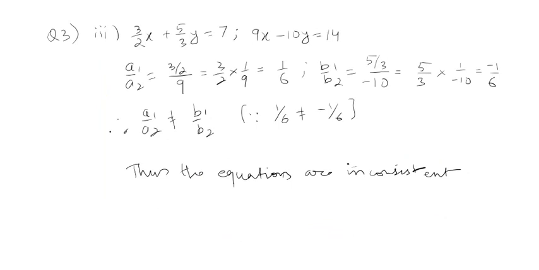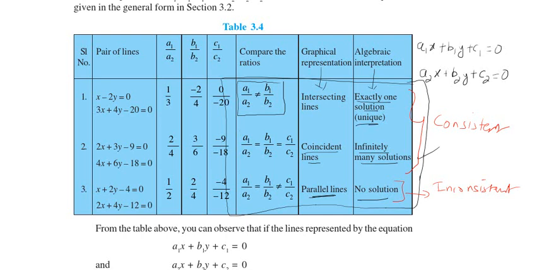It is consistent because, as I told you, you can see I have very clearly written here: if a1 upon a2 is not equal to b1 upon b2, or if all three are equal, then it is a consistent case.